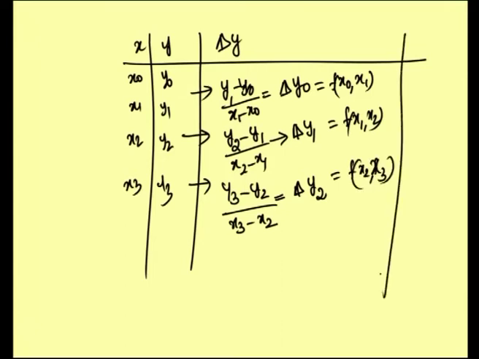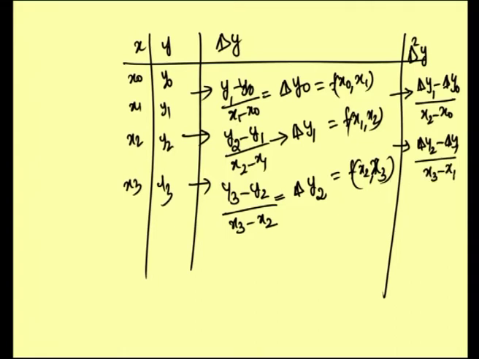Similarly, del square y is calculated: del y1 minus del y0 divided by the extreme x values, x2 minus x0. Here you have del y2 minus del y1 divided by x3 minus x1.